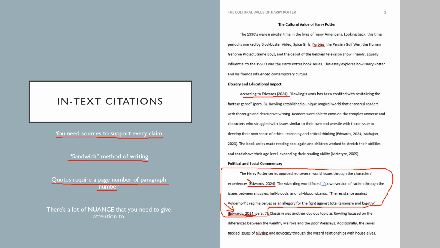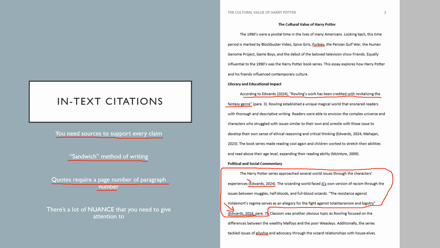And then here's my paragraph. Rowling's work has been credited with revitalizing the fantasy genre. So note that it goes according to Edwards and the year, comma, quote, statement word for word, quote, then a parenthesis, para 3, parenthesis, period.